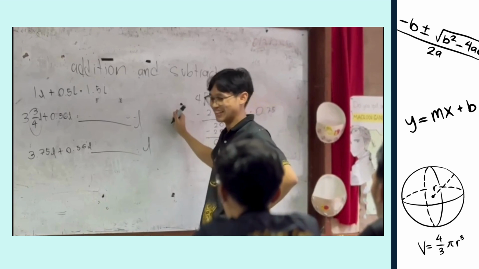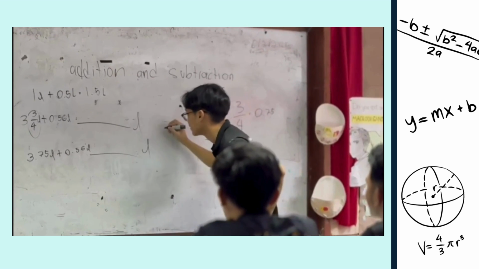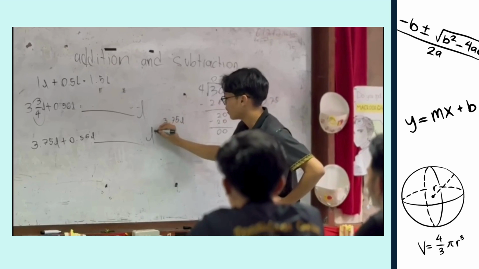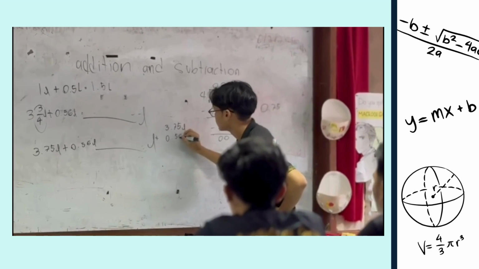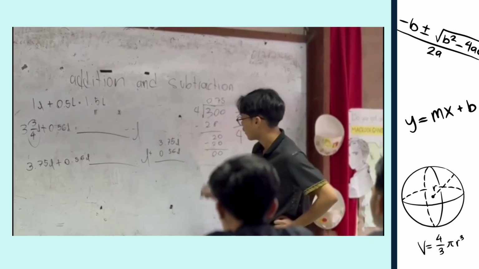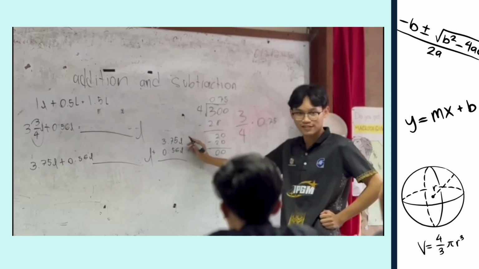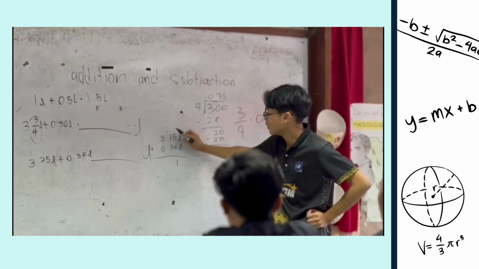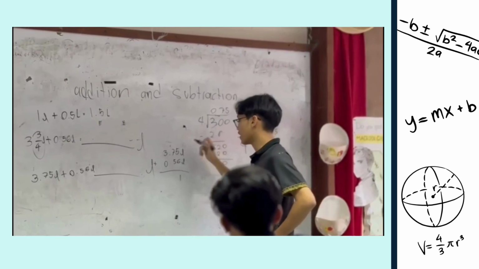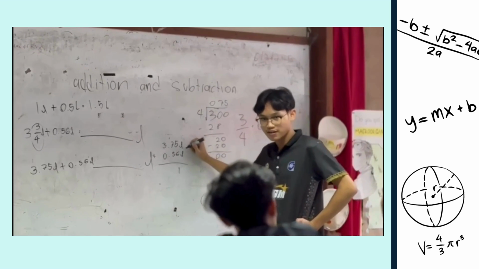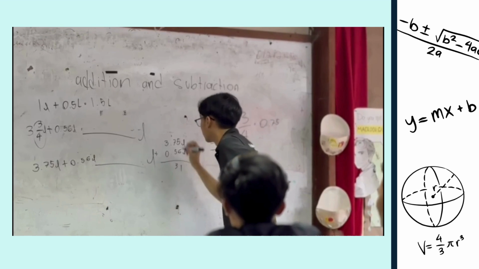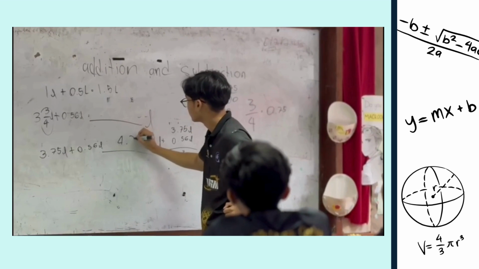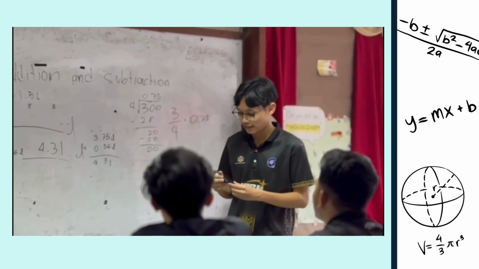We need to make the equation first. 3.75 liter plus 0.56 liter. 5 plus 6, how much? 11. Then 8 plus 5? 13. So the answer is 4.31 liter. You get it?